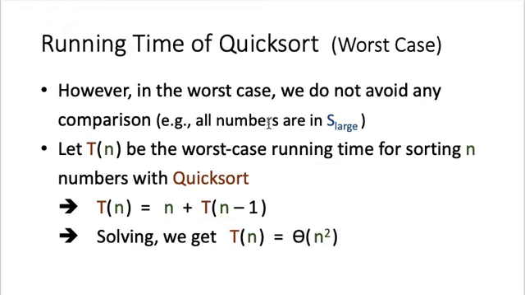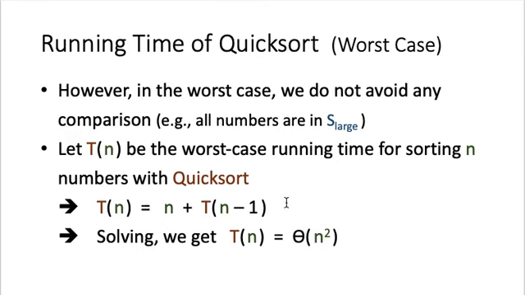Then if every time when we are doing this pivot and separation step, we find that all the numbers are in a certain group, then T(n) can be expressed as n, which is the time to compare the pivot with all the other items, plus T(n minus 1), because we are now having a subproblem which needs to handle the remaining n minus 1 items in the same group. So T(n) will be equal to n plus T(n minus 1).